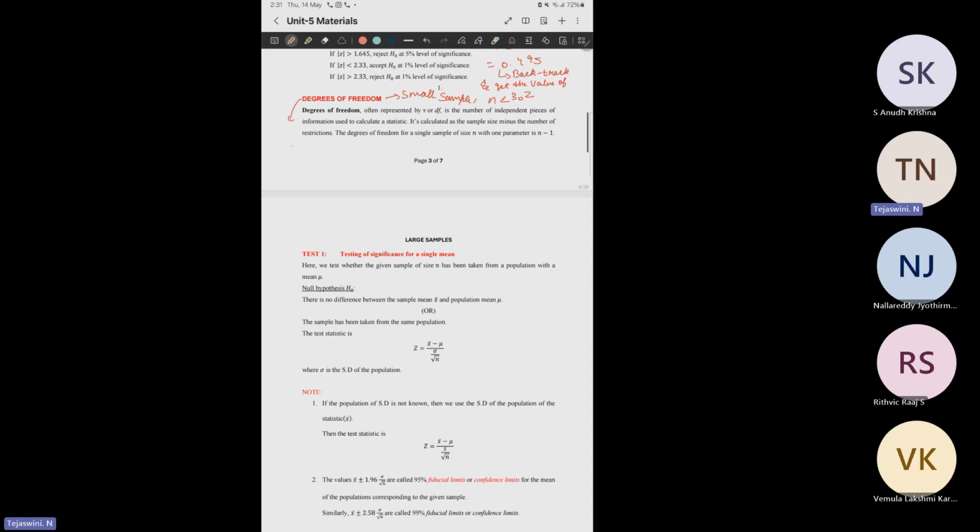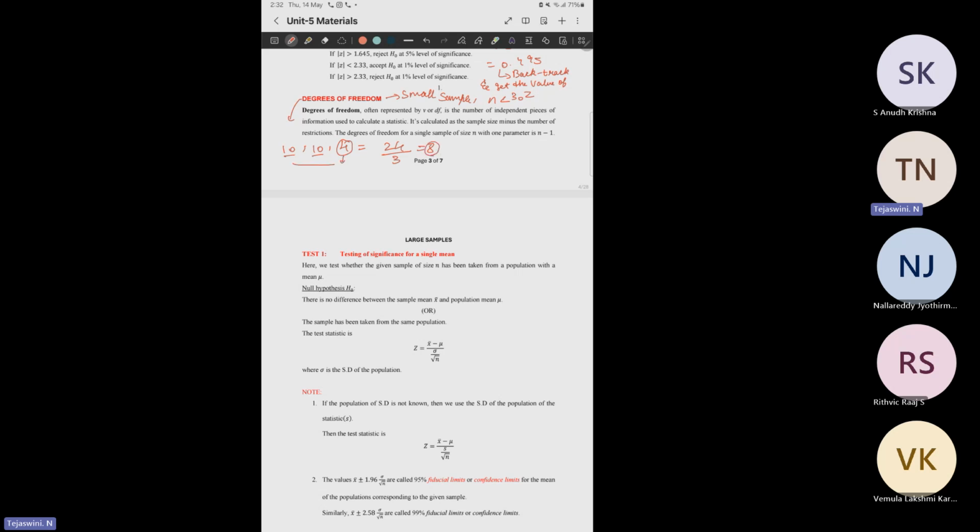For example, if I take the mean of three numbers, say 8, 12, and 4, the sum is 24, and 24 by 3 will give us 8. I can vary these two numbers, say to 10 and 10, and I have to keep this number the same to get the same value of mean.